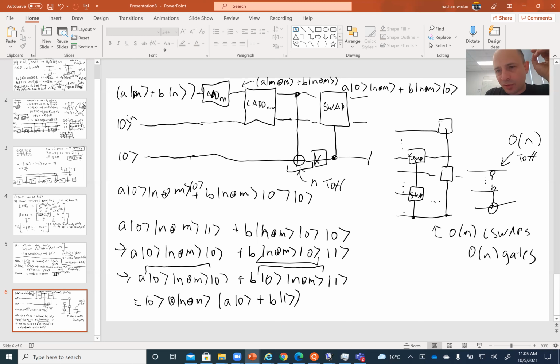Okay. And so now that we've written it in this particular form, we can note that this is actually exactly of the form 0, or exactly of the form junk tensor our state A0 plus B1.